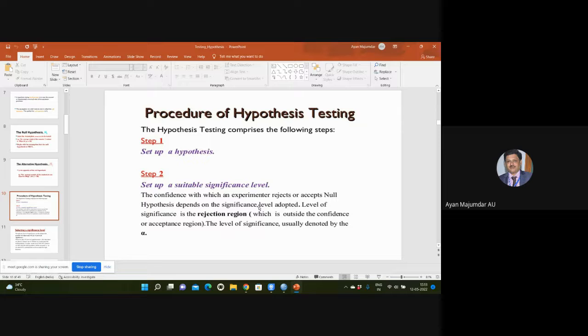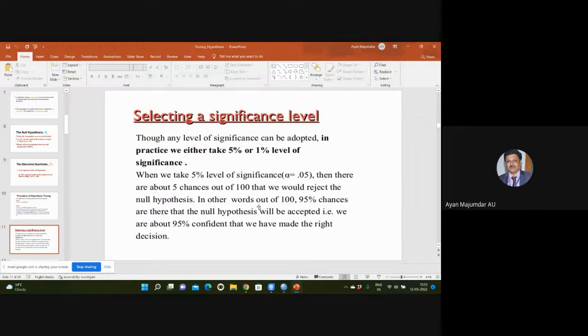What is a significance level? In statistics, generally, we take a significance level of 5% or 1%. The level of significance is denoted by alpha. 5% level of significance means out of 100, there are 5 chances that we reject the null hypothesis.